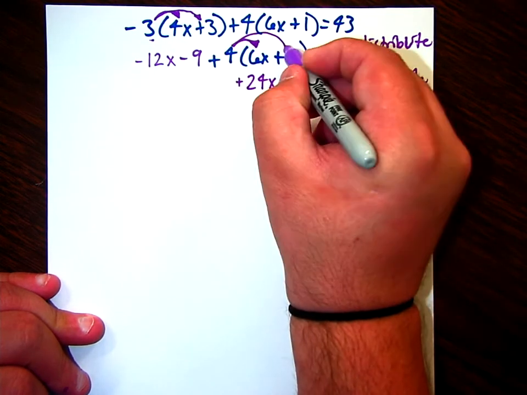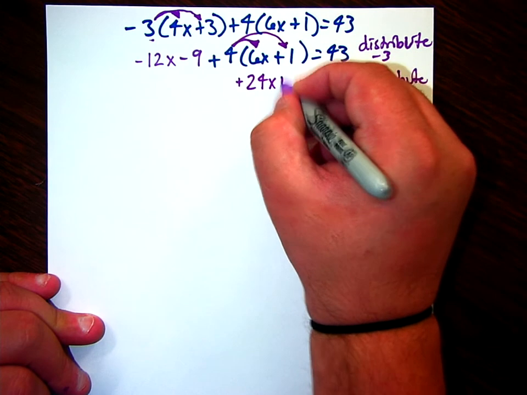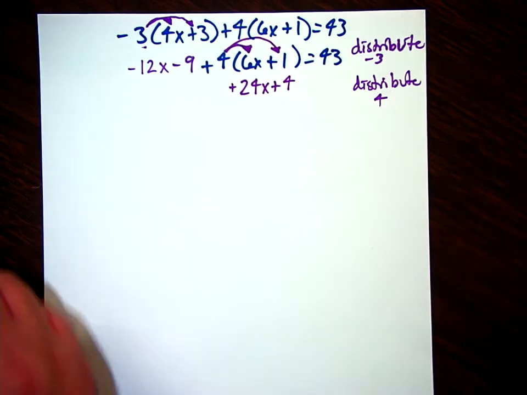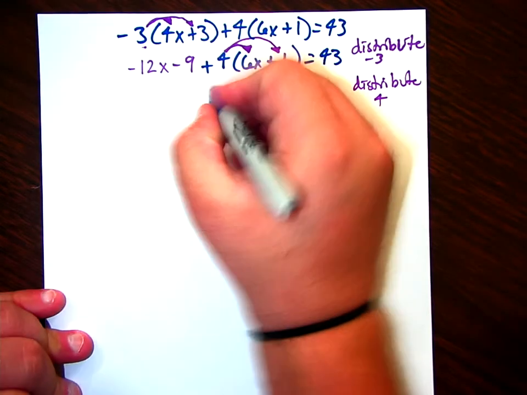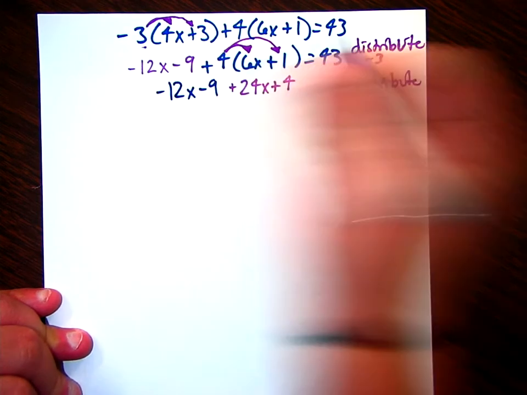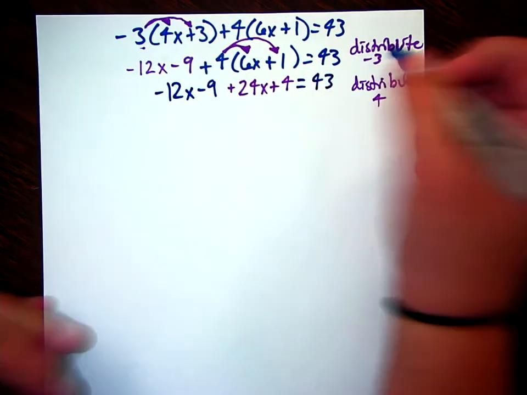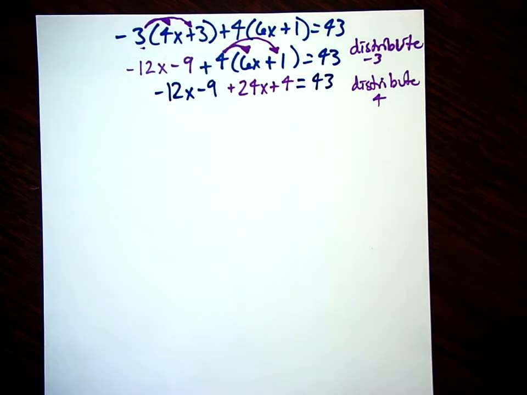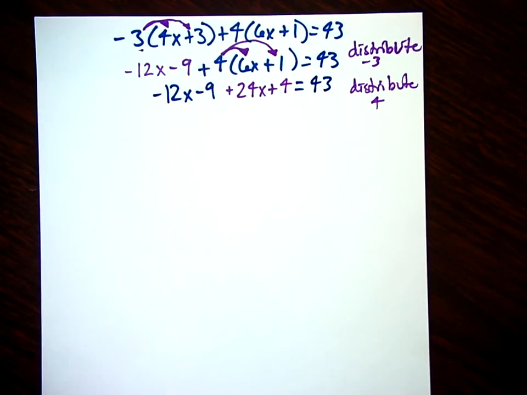Positive 4 times 1, positive 1, that's plus 4. And then I'm going to bring down everything else I did not touch. So minus 9, minus 12x equals 43. Now, step 2 in solving equations is going to be combining like terms.